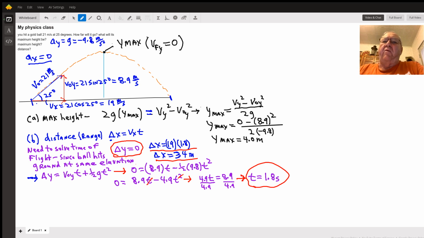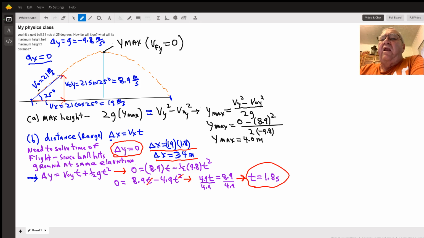Now, in my diagram, I draw that initial velocity of 21 meters per second at an angle of 25 degrees to the horizontal, and I break it into its two components. When you're doing projectile motion, you have to look at the horizontal motion and the vertical motion independently of each other.